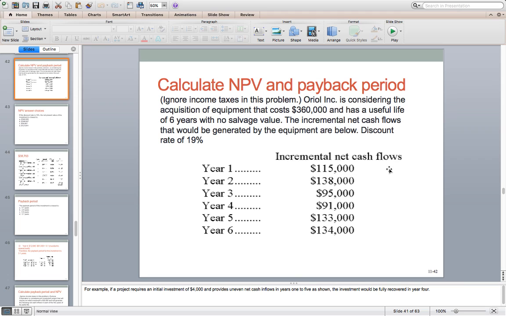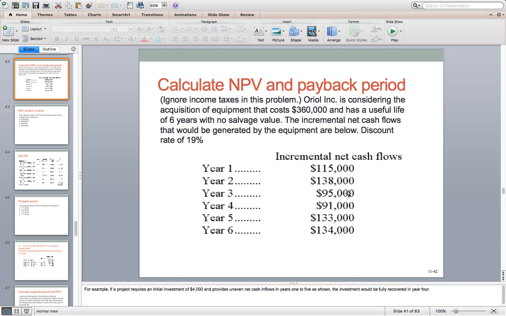So in year 2, I get 138,000. So I'll minus that. Now I have 107,000. So did I recover my initial investment in year 2? No, I didn't. I still have 107,000, like a running total that I need to recover.